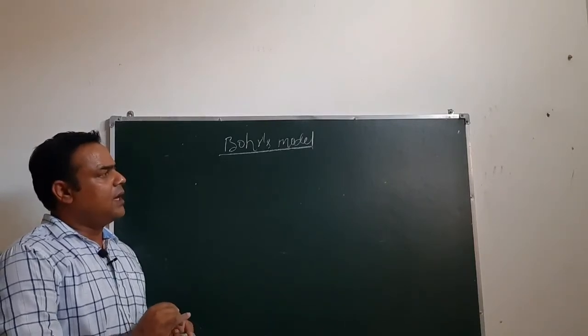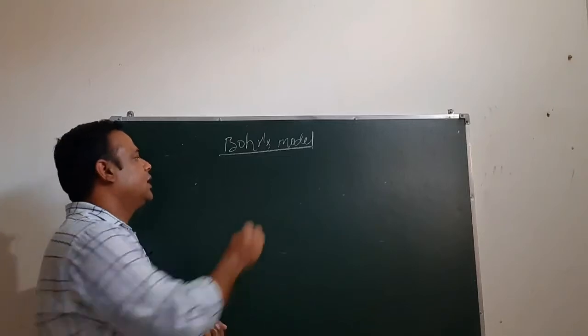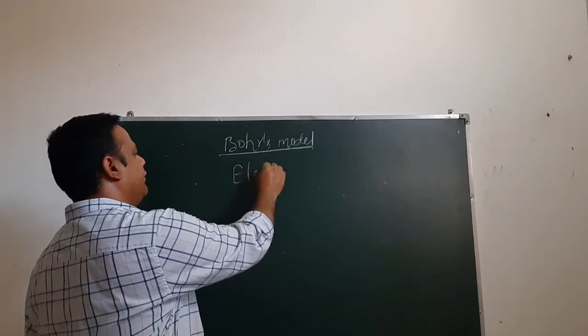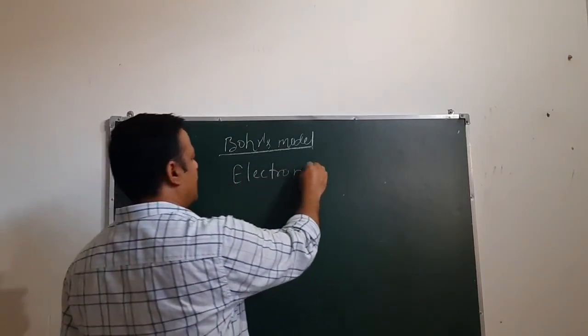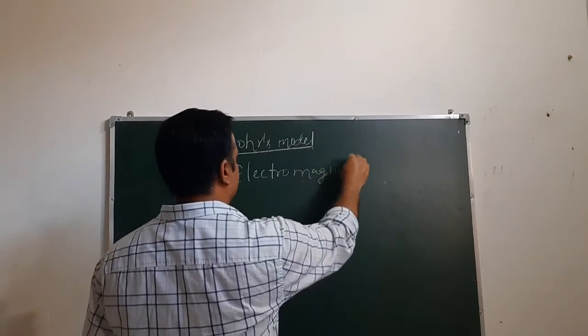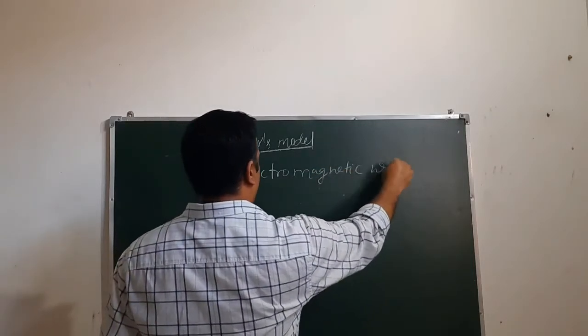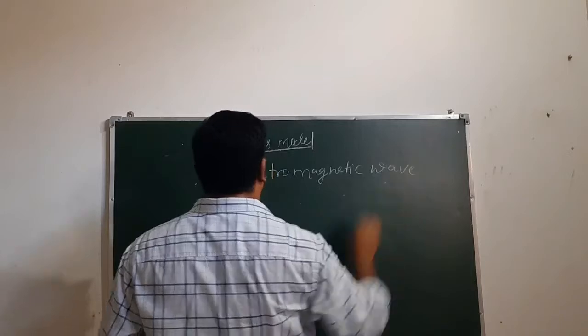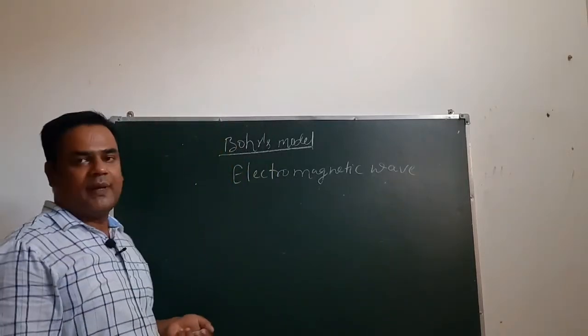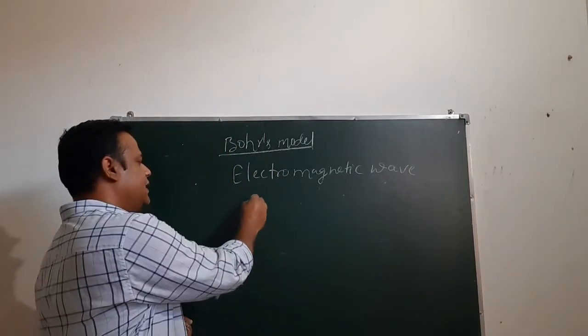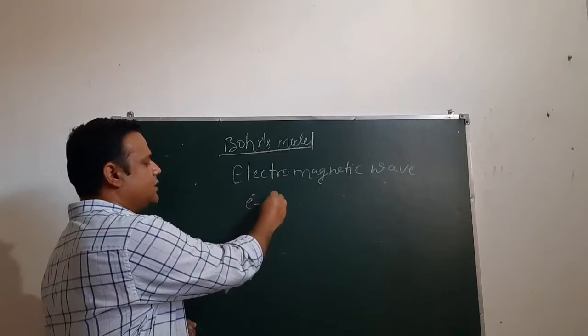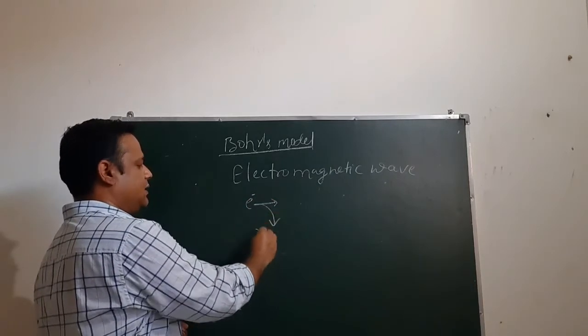He came and gave a theory related to electromagnetic waves, the electromagnetic theory. He described electromagnetic waves, and according to Maxwell's theory, whenever any charged particle moves, it emits radiation.